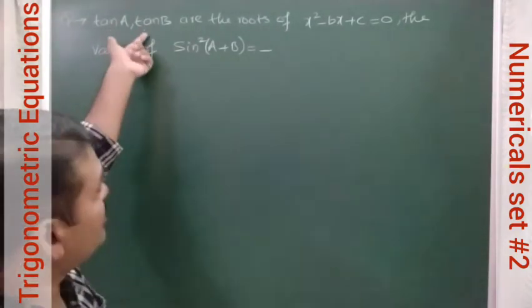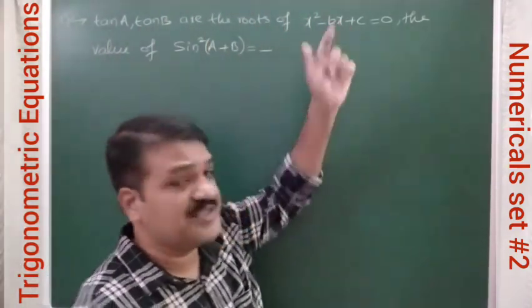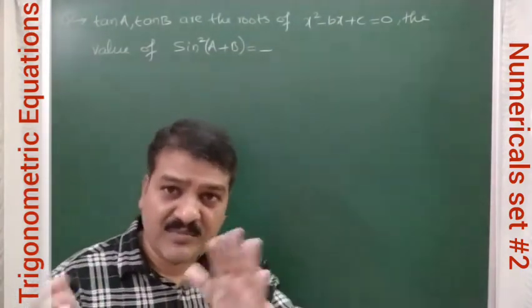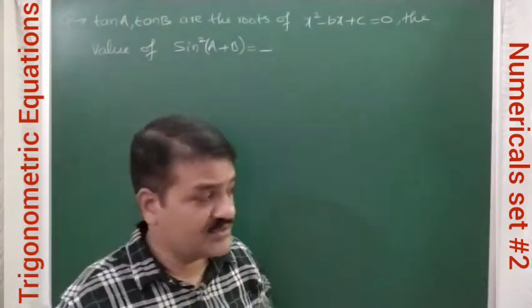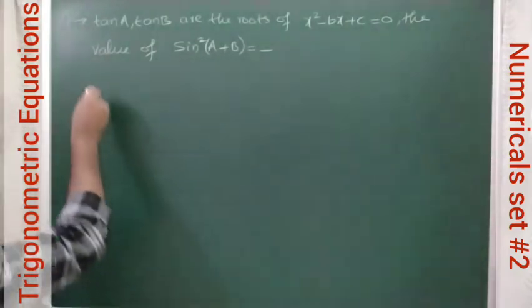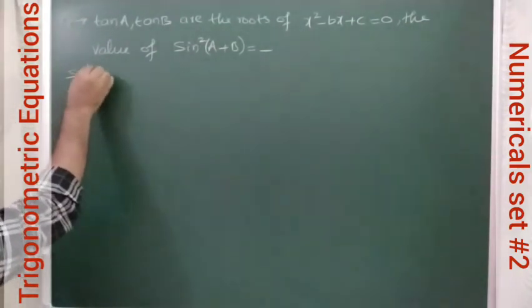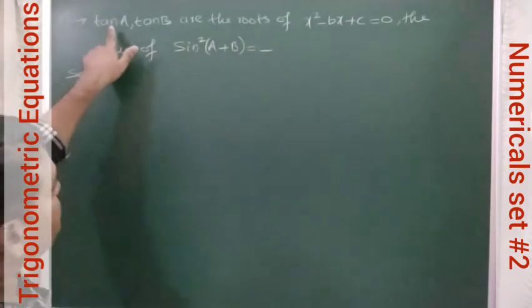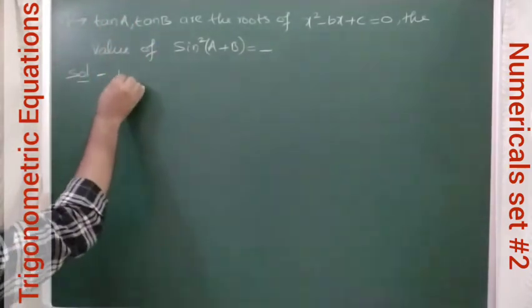Tan A, tan B are the roots. When you know the roots of this quadratic equation, we can write the sum of the roots and the product of the roots. So first I will write the sum of the roots and the product of the roots. What is the sum of the roots?